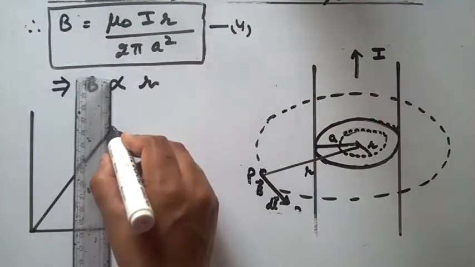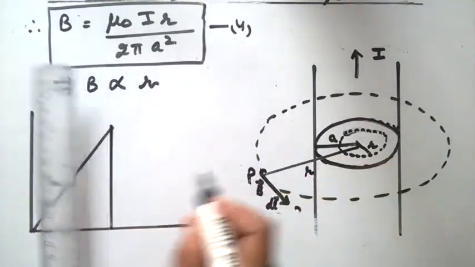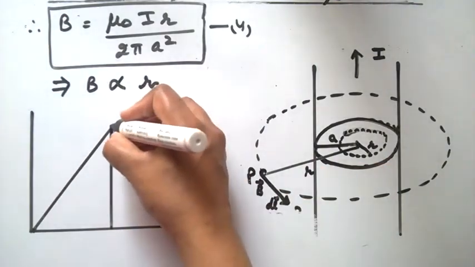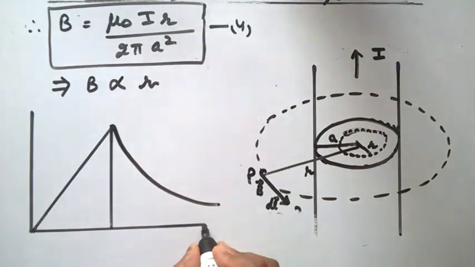On the surface, magnetic field is maximum, and outside the surface it is inversely proportional to the radius.